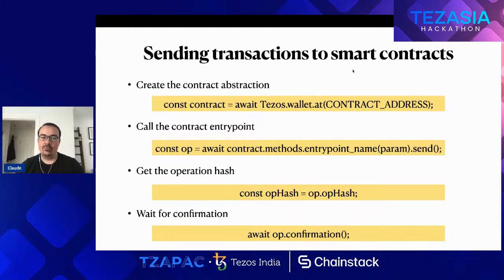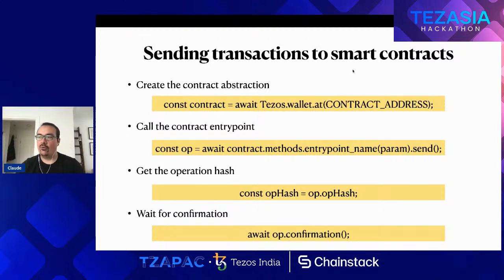There's also a confirmation method on the operation, and that confirmation method is going to wait for the operation to be included in a block. So if you call the method without any parameter, it's just going to wait for one block, but you can pass a number as a parameter.